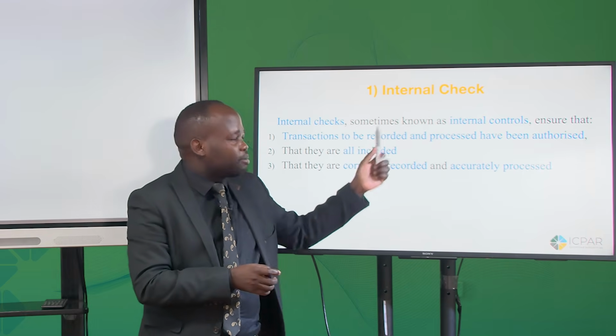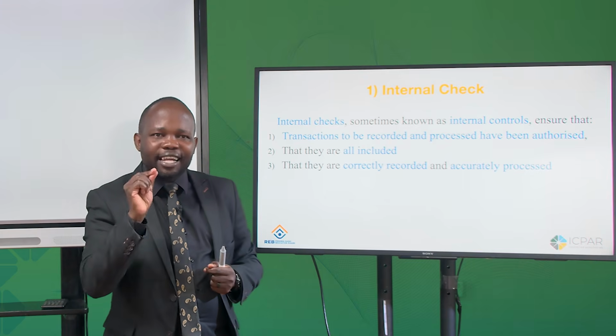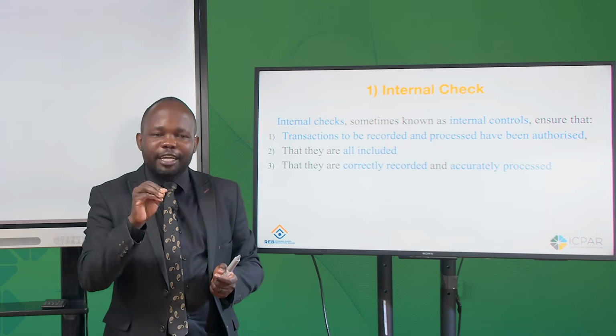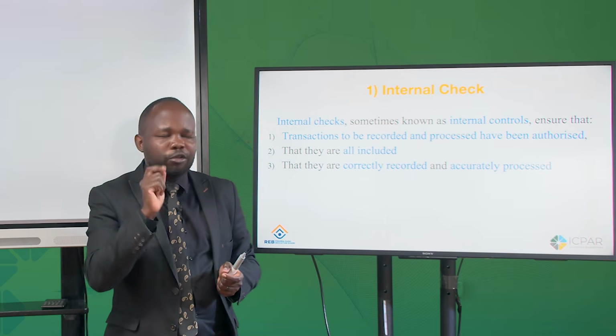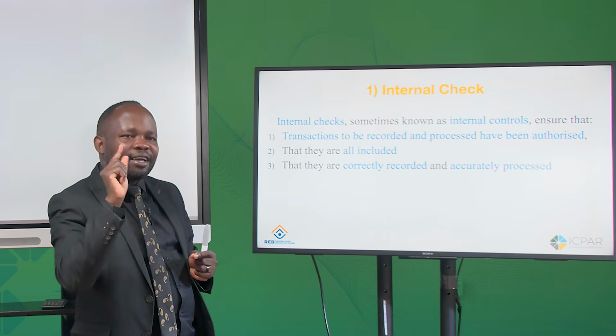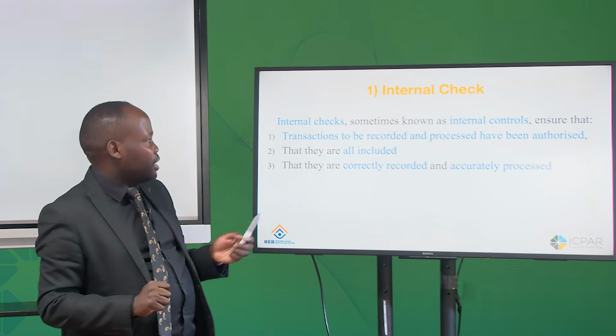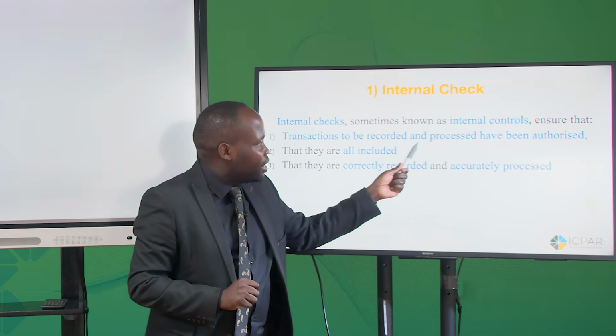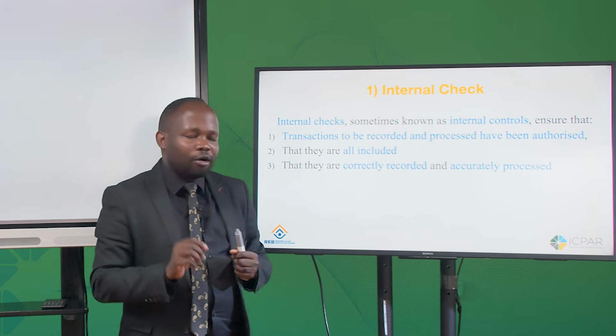Internal checks sometimes are known as internal controls. Every organization must put in place internal controls. Now, why do we have internal control? There are three reasons. Transactions to be recorded and processed have been authorized.